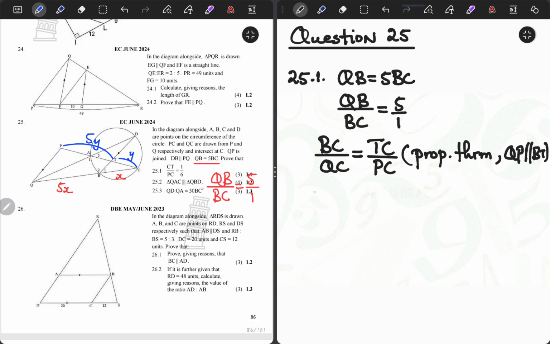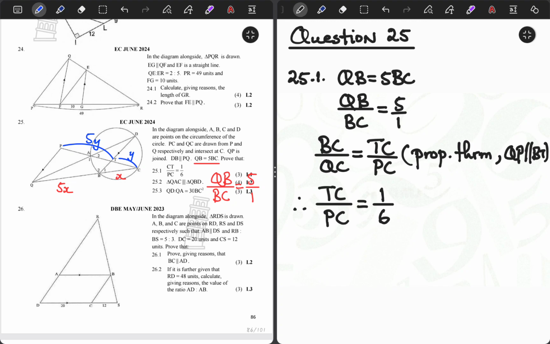So TC over PC will be 1 over 6, as we conclude.